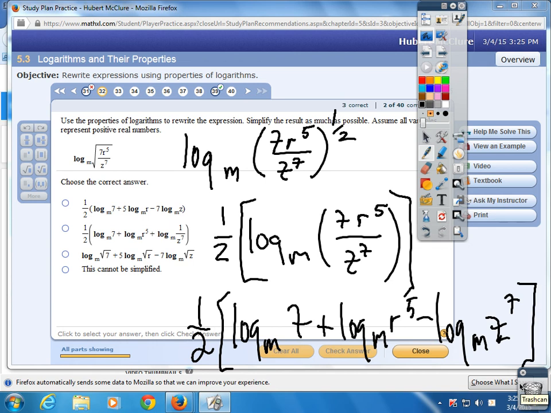And then the 5 can come out front. So that's 1/2 log base m of 7 plus 5 log base m of r minus 7 log base m of z. Yeah. And now we can distribute if it wants us to.